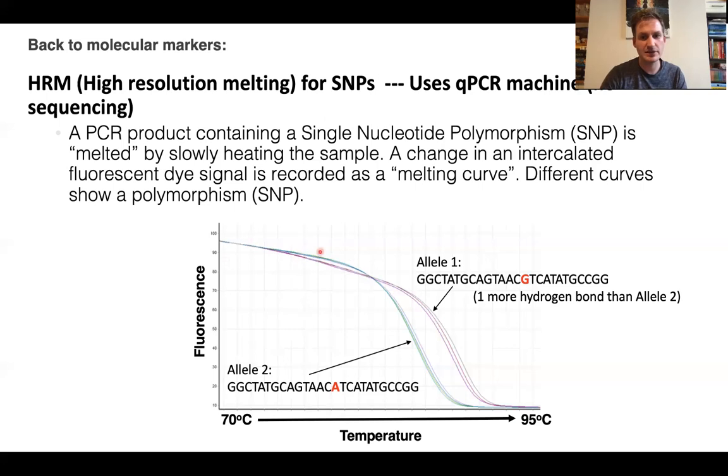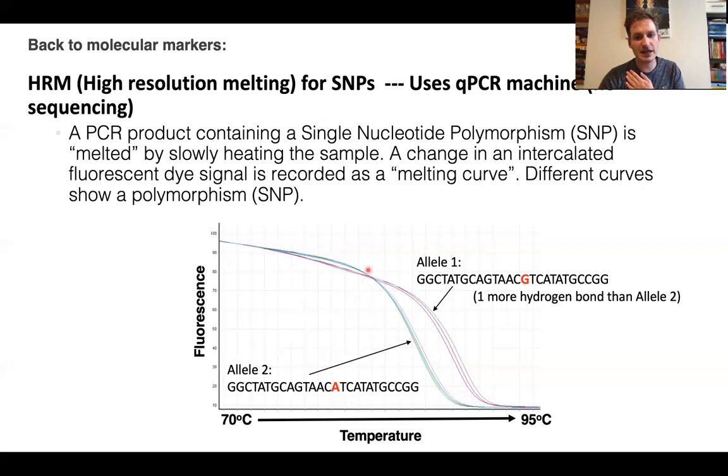It's connected. But at this point here, when we increase the temperature, it starts to melt and the strands separate, releasing that dye. So we see a decay in the fluorescence. And at this temperature here, the decay is basically 0.